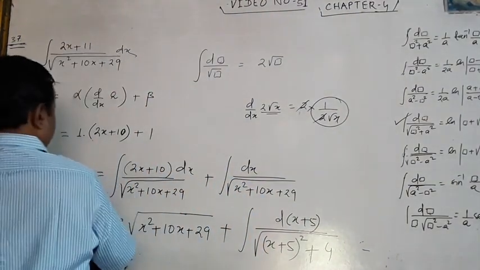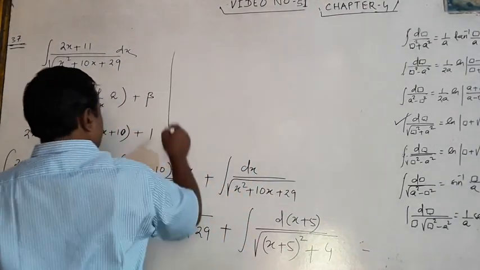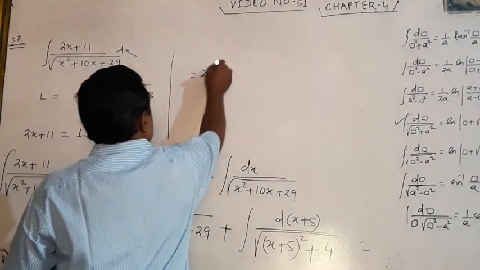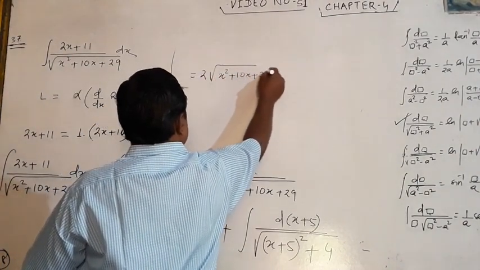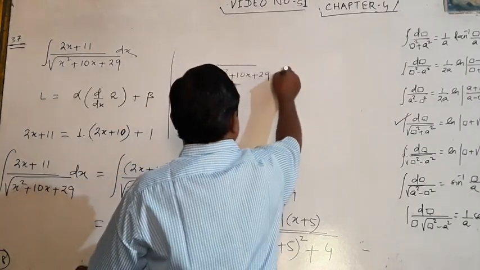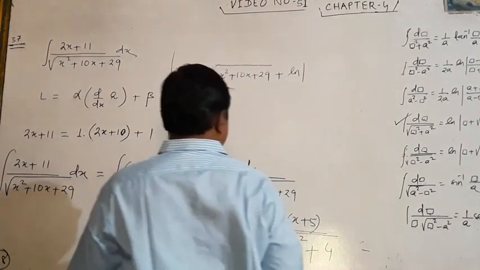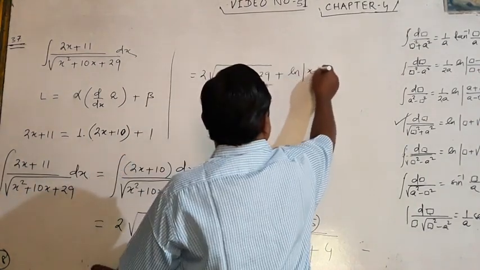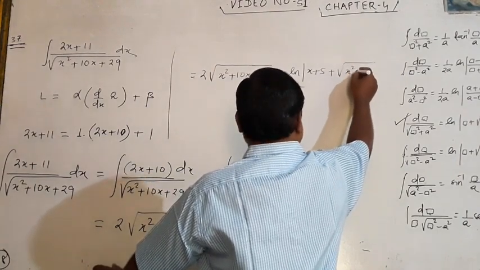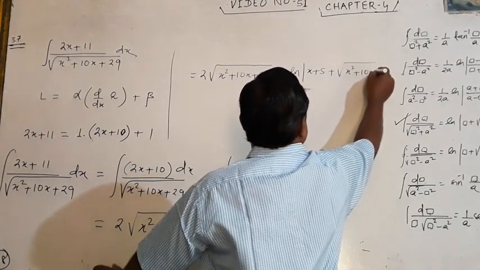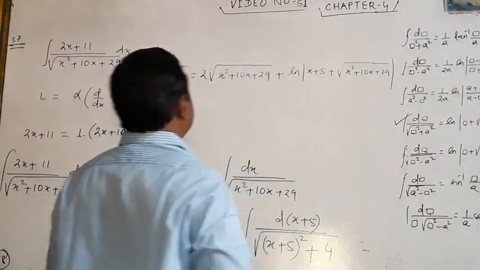So the final result is 2 root over of x square plus 10x plus 29 plus ln of x plus 5 plus root over x square plus 10x plus 29. Okay, this is the answer.